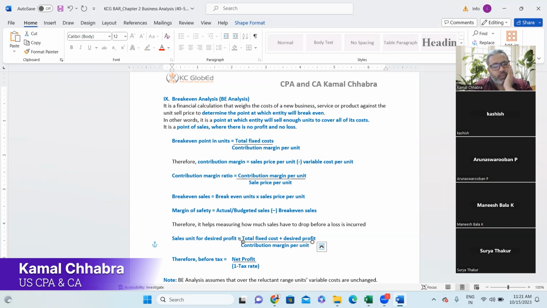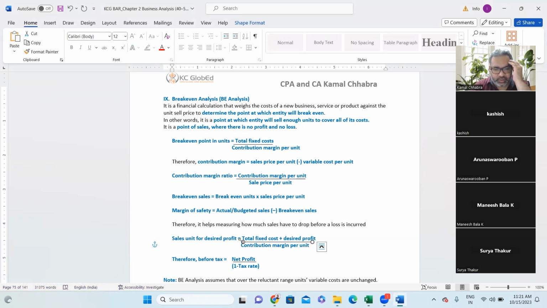Okay. And this desired profit, if they have given profit before tax, then this formula is sufficient. But if they say the company desires profit after tax, then in that scenario you need to apply the formula net profit divided by 1 minus tax, so that you can reach the profit before tax.